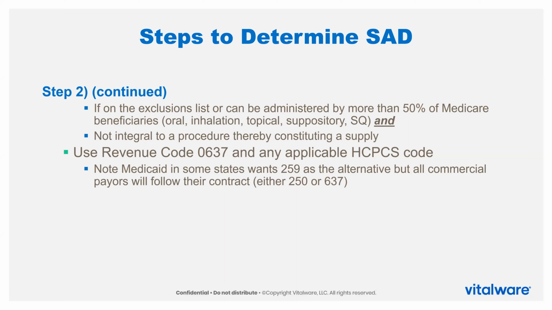So you need to look at the exclusions list. On the exclusions list, you may have something that's self-administered, but it is also integral to the procedure, so therefore you're going to package it. But they have to be on the exclusion and not integral in order to bill them as a self-administered.